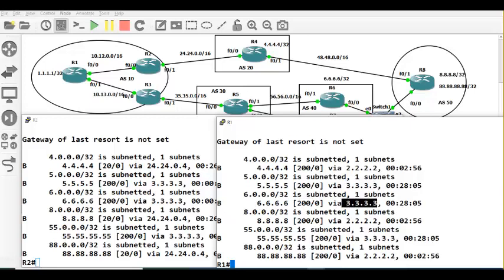Router 3. Because of me setting high weightage, if there will be any change to these networks, then there will be an impact in R2.